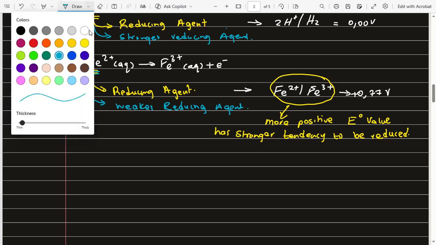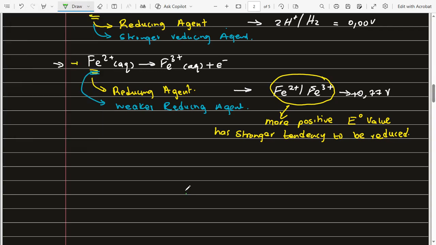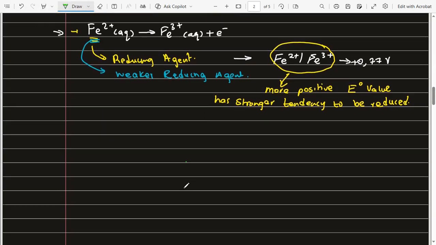I think you'll be able to find that, right? So next, I need you to explain what the stronger reducing agent does.